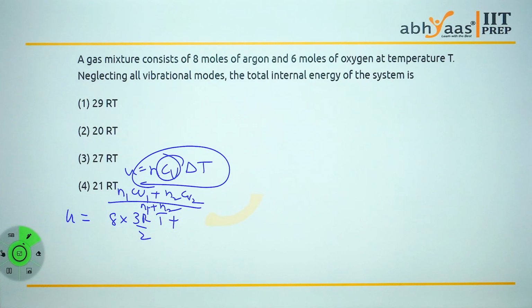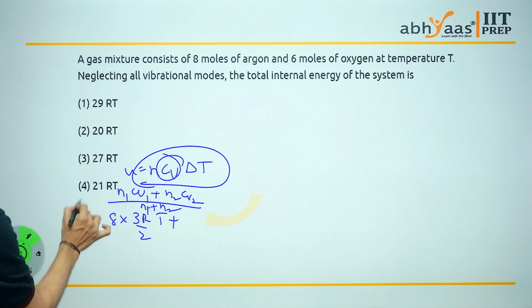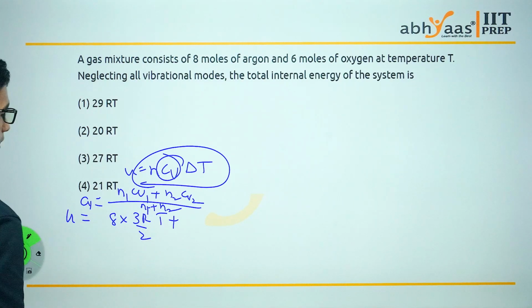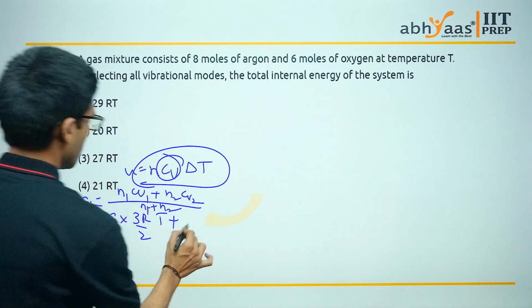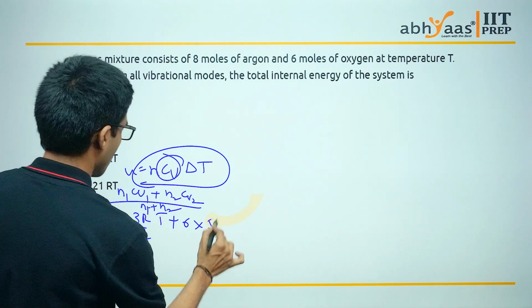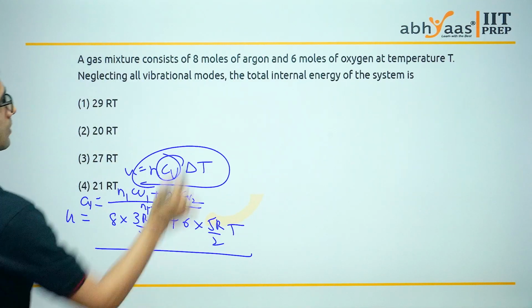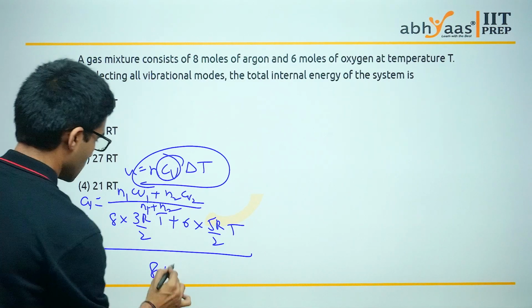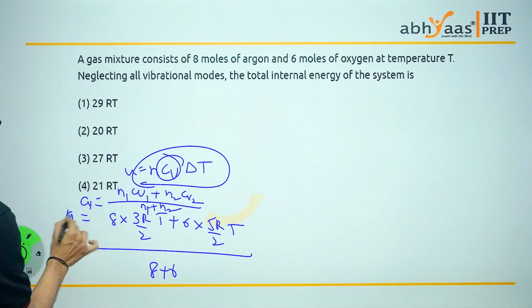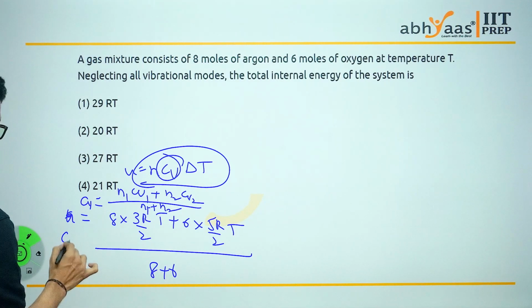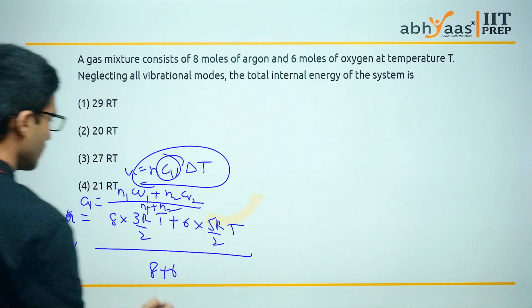Here that is CV. For 8 moles of argon, CV is 3R by 2, into T, plus 6 into diatomic gas 5R by 2 into T, by N1 plus N2, that is 8 plus 6. You just calculate this, that is CV.